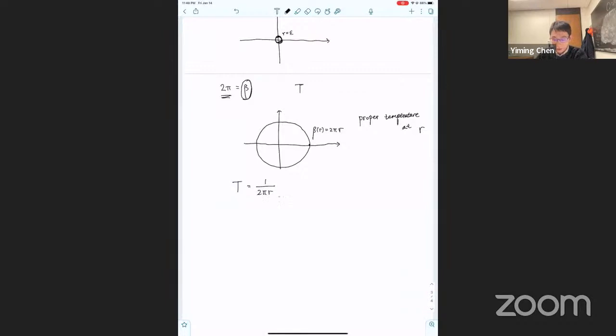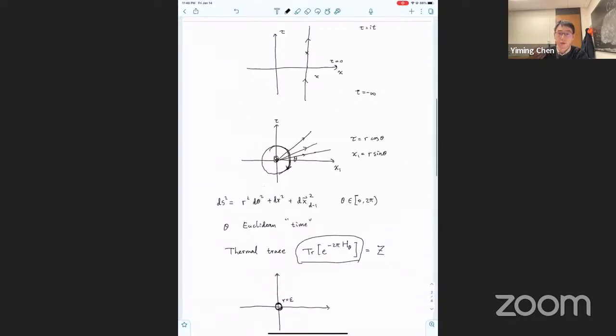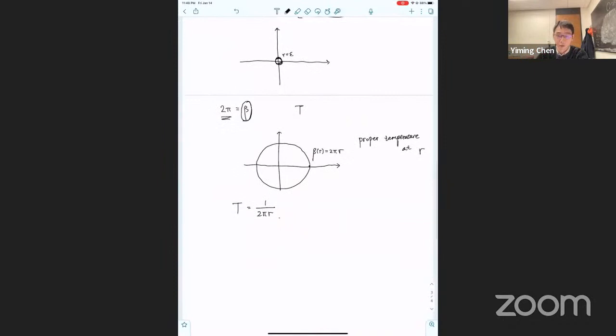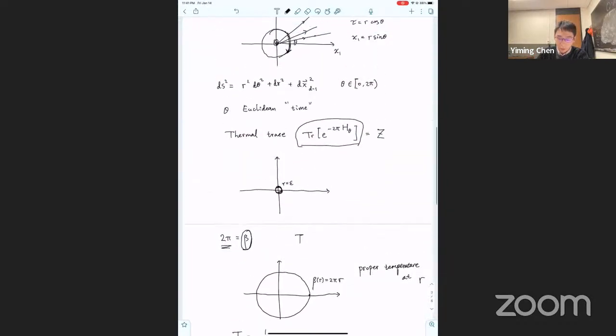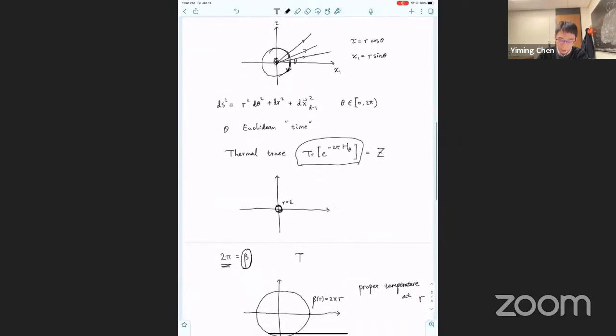Okay. Of course, here I'm just talking about a Euclidean calculation, and the notion of the temperature is not very clear. To really talk about the meaning of the temperature and to draw a connection with a constantly accelerating observer, we need to go to the Lorentzian signature. To go to the Lorentzian signature and draw a connection with the so-called Rindler space is very easy.